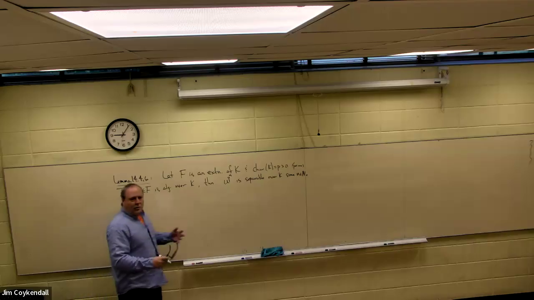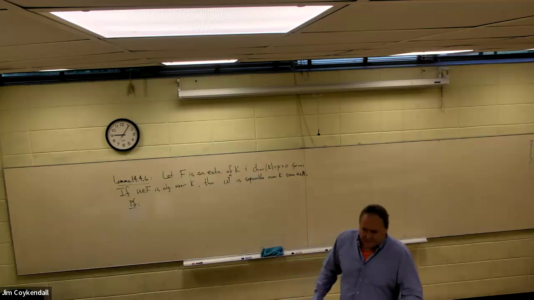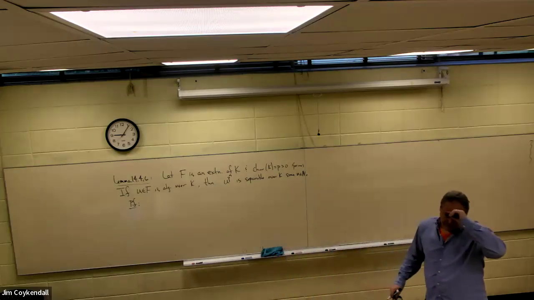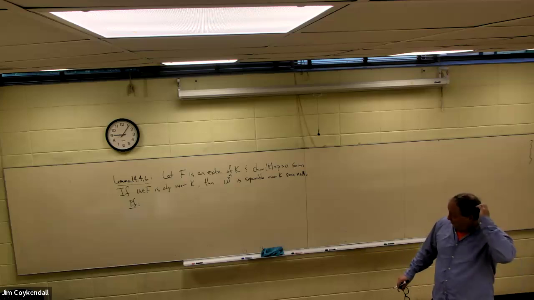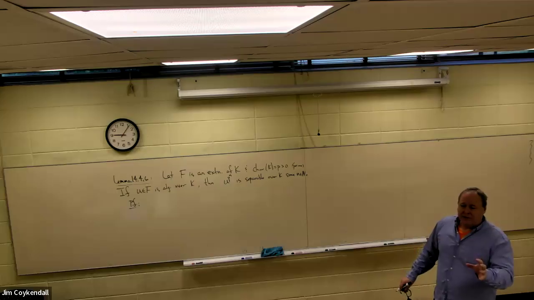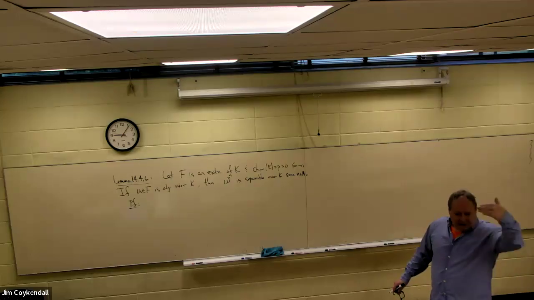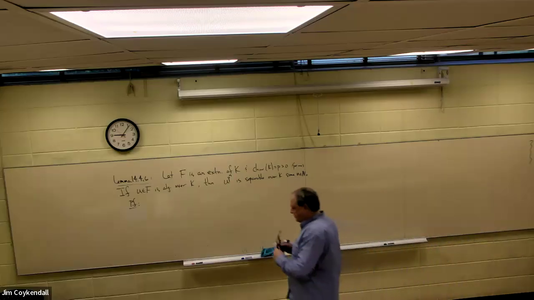So in other words, u might be an element that is purely inseparable. If I take a large enough p to the n power of it, where p is the characteristic of the field, it cleans it up. So even though the element itself may not be separable, if I take a big enough prime power of it, it will be separable.